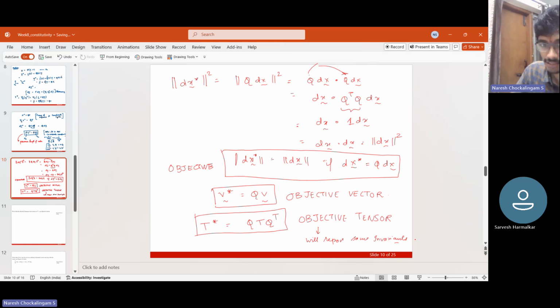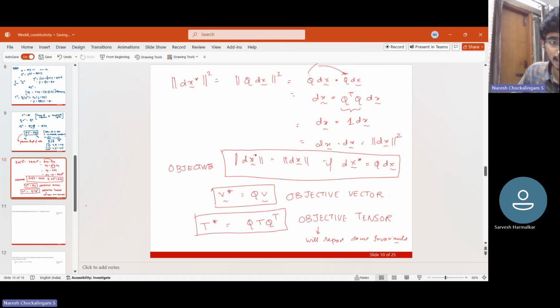You can check, this transformation is a similarity transformation in matrices. Therefore, the characteristics of the tensor or the matrix have not changed. So observers in different frames of reference will report the same invariance if the tensor is objective.